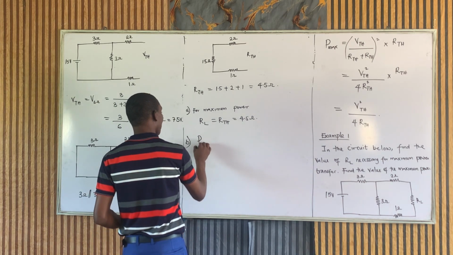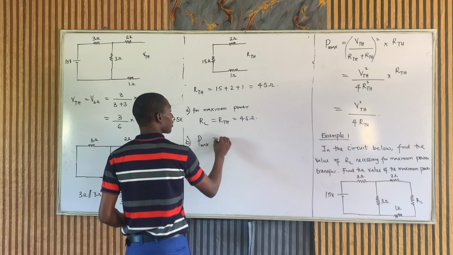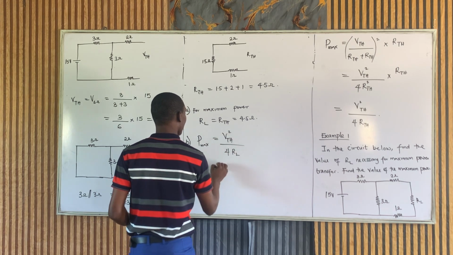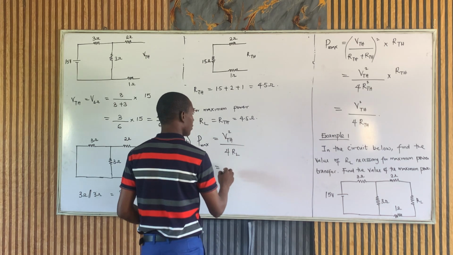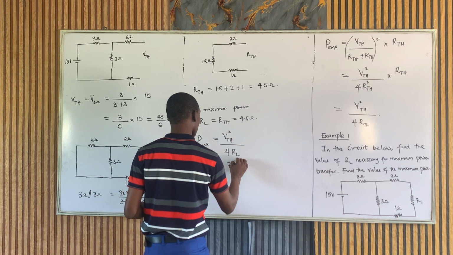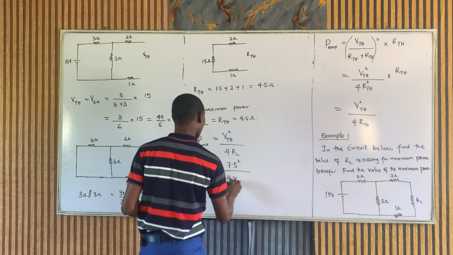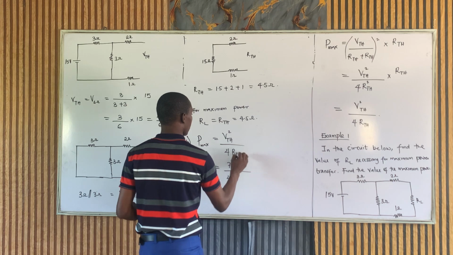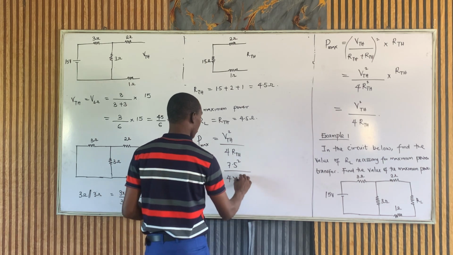Now, the B is the value of the maximum power. Well, P max is simply going to be VTH squared over 4 RL, and VTH is giving us 7.5 squared over 4 times the RTH, and that's 4.5.